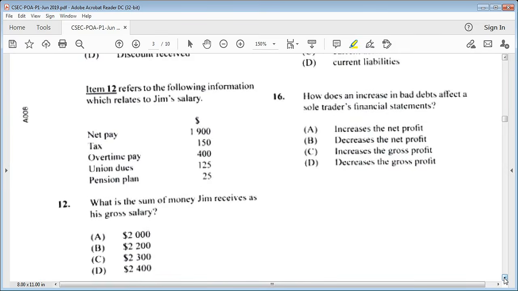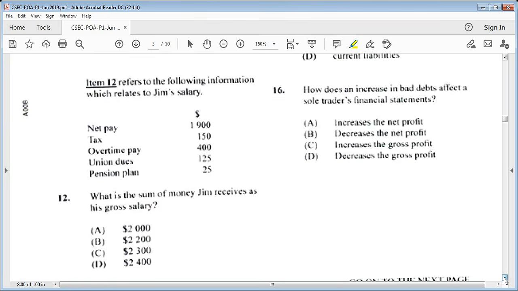Item 12 refers to the following information which relates to Jim's salary. Net pay $1,900, tax $150, overtime pay $400, union dues $125, pension plan $25. What is the sum of money Jim receives as his gross salary?